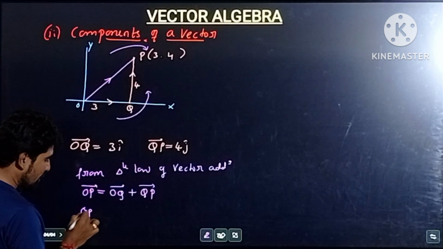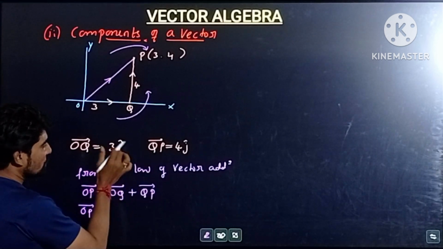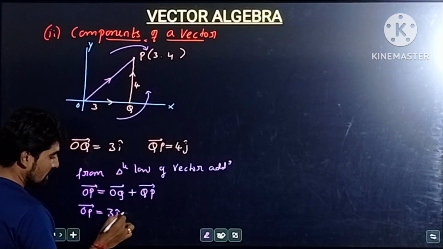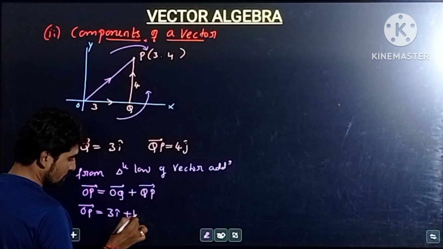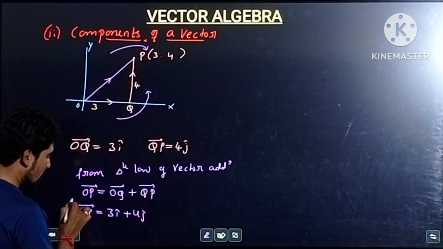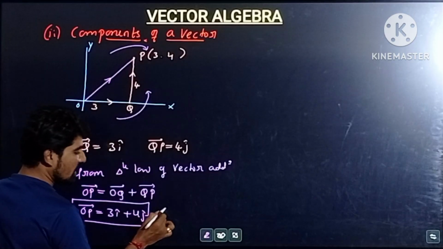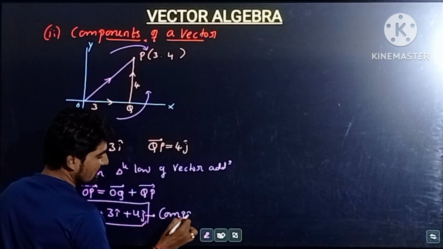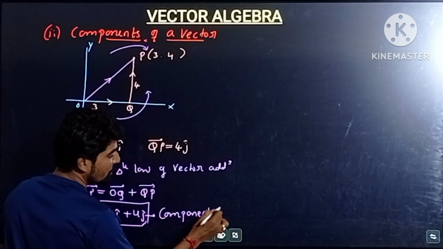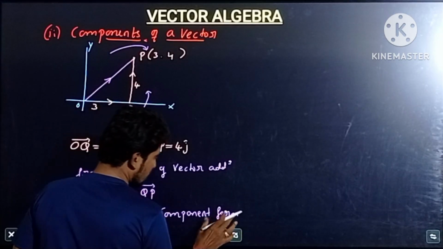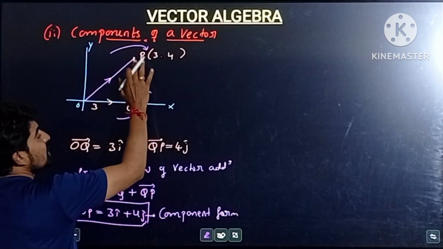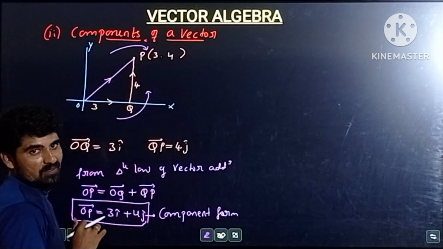Therefore, the OP vector is equal to, here the OQ vector is 3i cap plus the QP vector is 4j cap. And this is one of the vectors, and this form is called the component form of the vector. This is the component form of the point which is in the 2D plane.